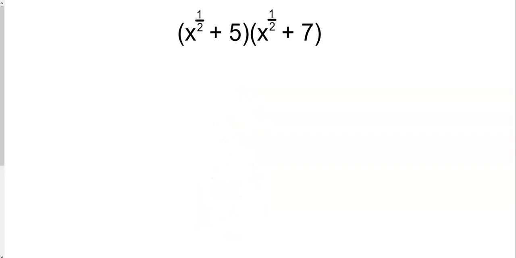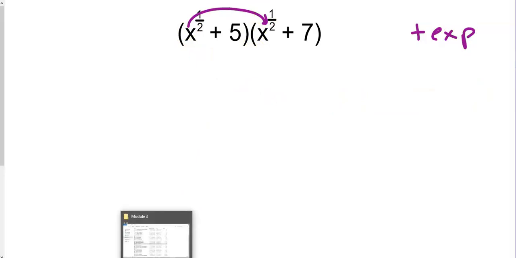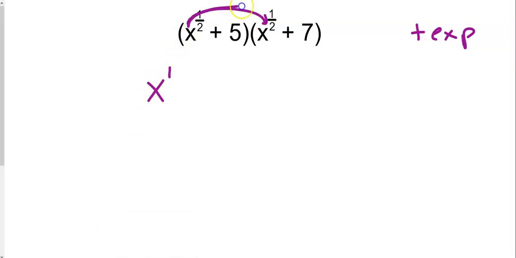Now on to the distributive property, or the distributive problem, and then you'll have the GCF problem. Try this. Think FOIL. All right, so again, in this idea, when we are foiling, which is like distributing, we're just adding exponents. So what is x to the 1/2 times x to the 1/2? We just add 1/2 plus 1/2. So hopefully you know that that is x to the 1st. What is x to the 1/2 times 7? Well, that's 7x to the 1/2.